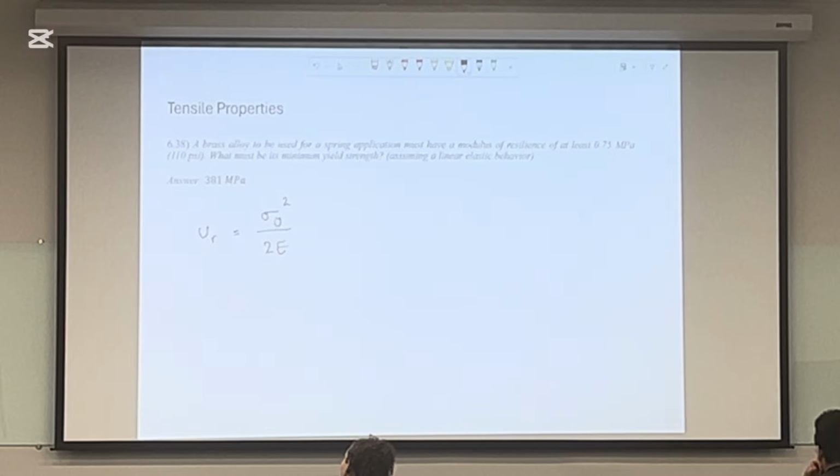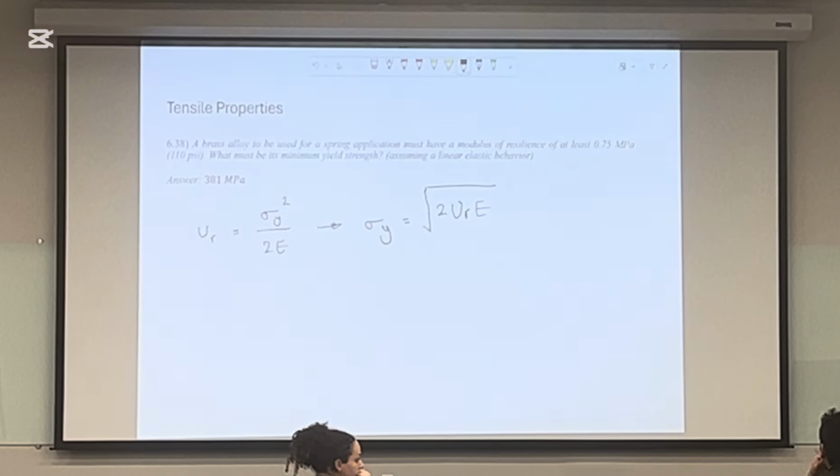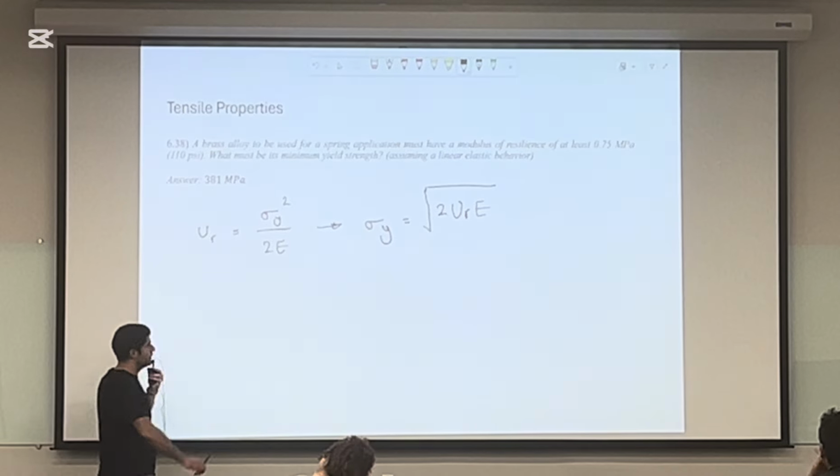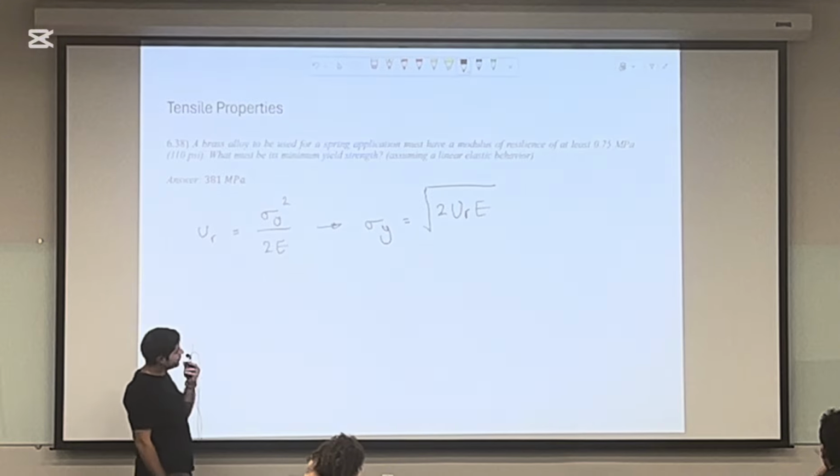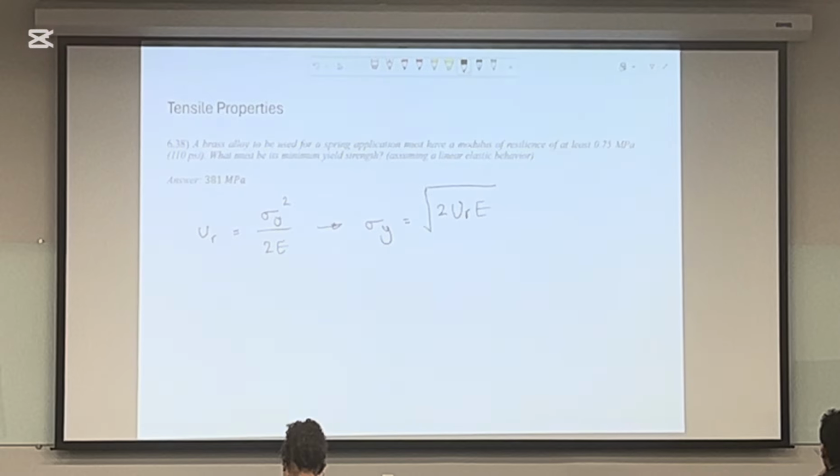So if we want to find the yield strength, very simple, we change the formula to something like this one. The same thing, just a simplification. And the rest is just plugging in the numbers.